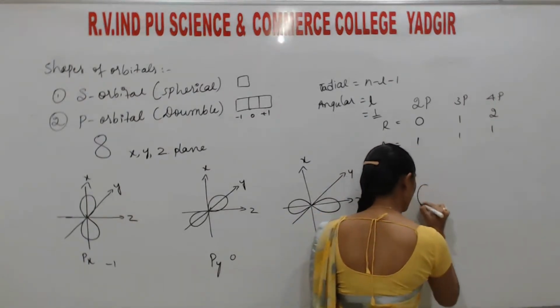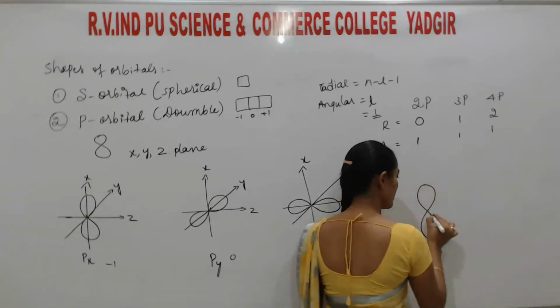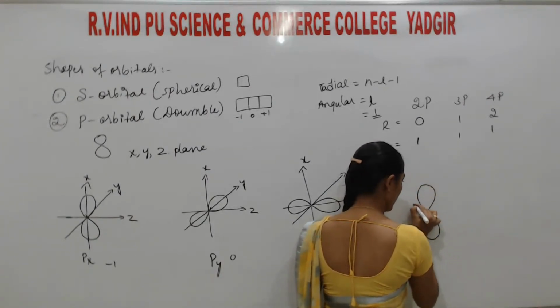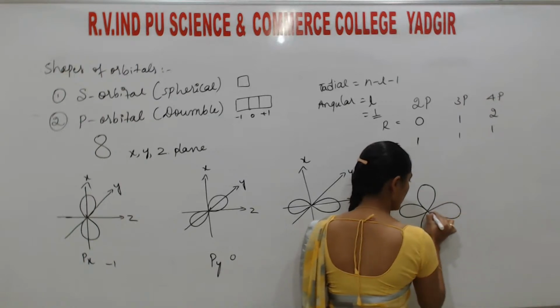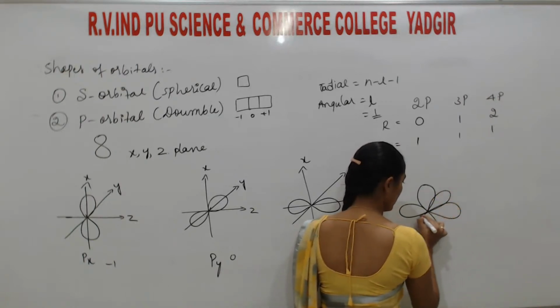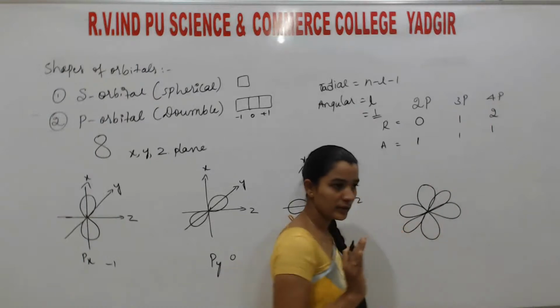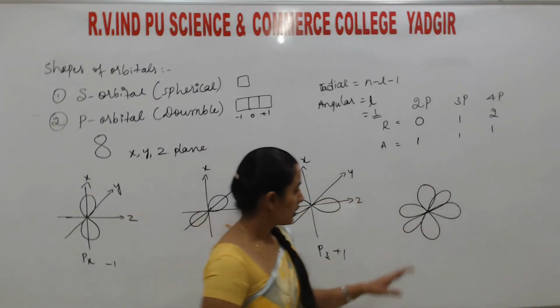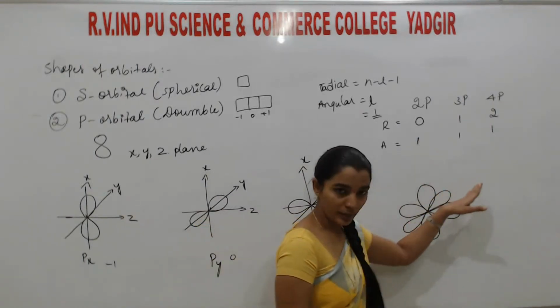Remember here, this is X, this one is Z, this one is Y. Correct? So here, this is the Z plane, X plane, Y plane.